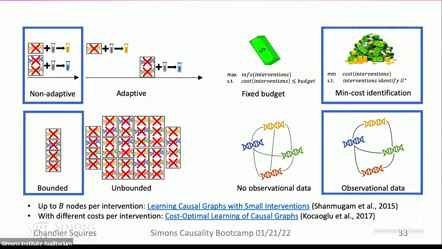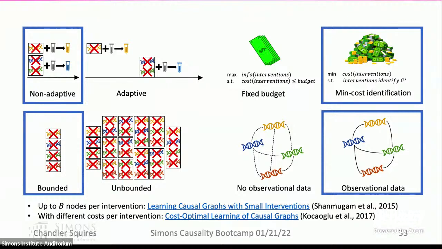And then I've also, as I mentioned at the beginning of the first section, focused on really minimizing the number of interventions that are done, and assuming all interventions cost me an equal amount to do. You can imagine this is not always going to be the case. Maybe some things are harder to intervene on.